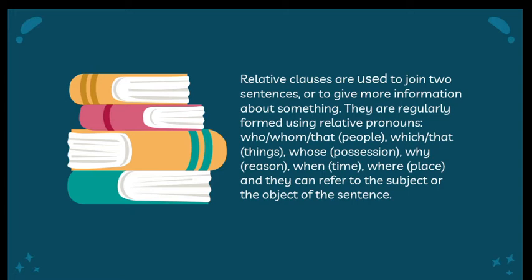Which, that we will use when referring to things. Whose for possession. Why for reason. When for time. Where for place. And they can refer to the subject or the object of the sentence.